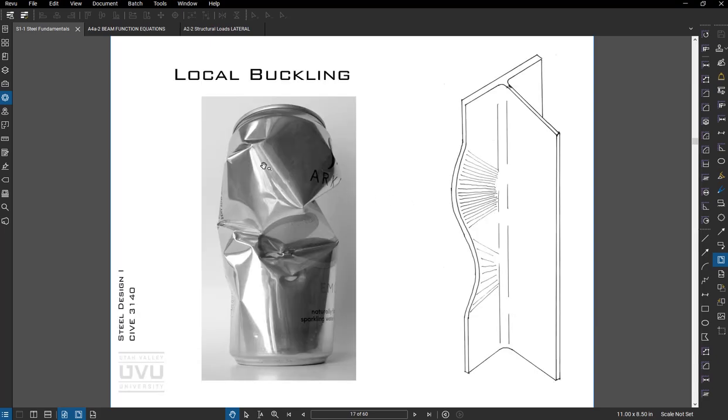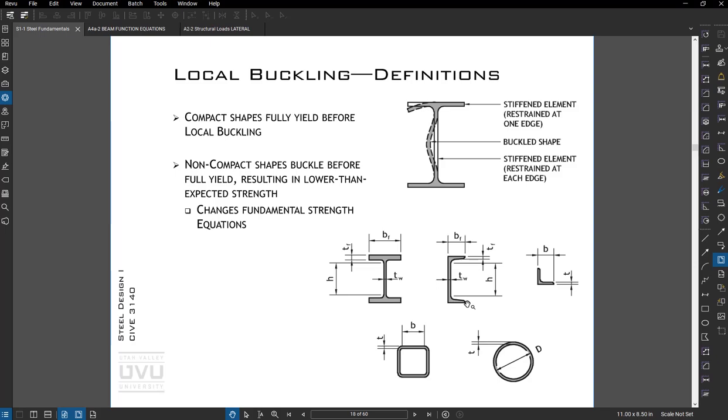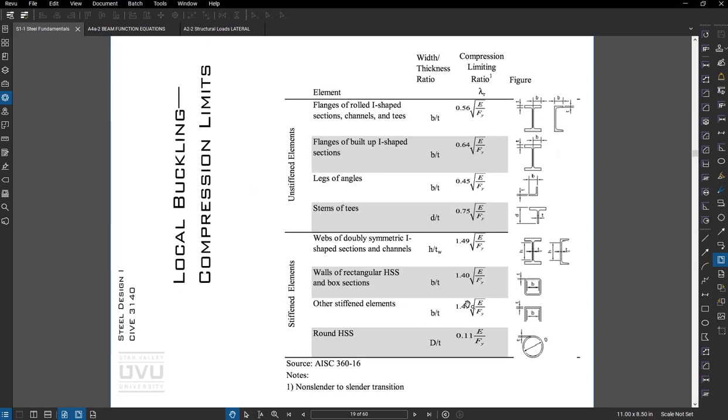All right, another failure mechanism is buckling, where the thickness to length ratios are high enough. Local buckling is what you see in a can when you crush it, like a Coke can. In a structural member, you may see waviness where the elements are slender enough that it can't support the loads without losing strength. There's some definitions here you can understand and some limitations of the width to thickness ratio.